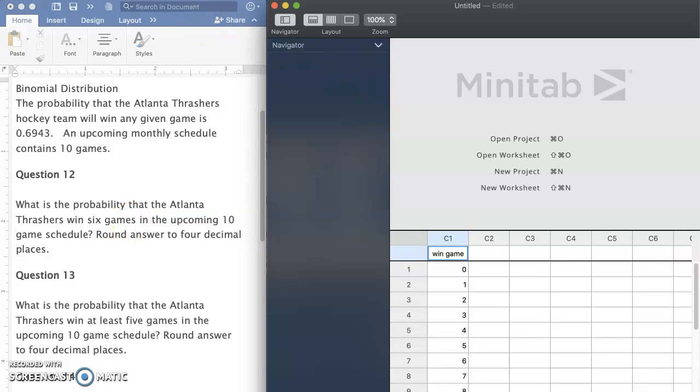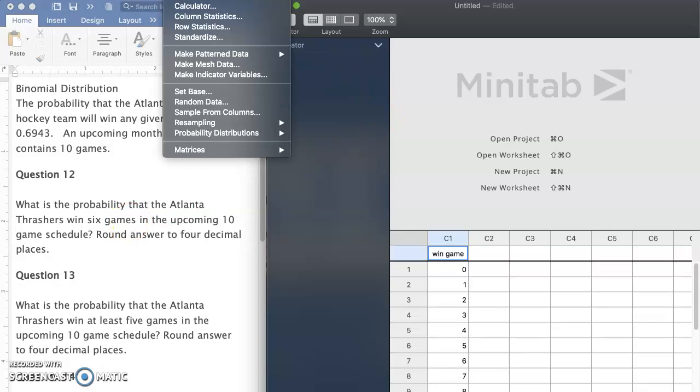Now you're going to go to calculate the binomial distribution. So go to calculate, go to probability distributions, and if you're on a Mac, you'll go to probability density. If you're not on a Mac, go ahead and watch the Windows video because it tells you exactly what to push there.